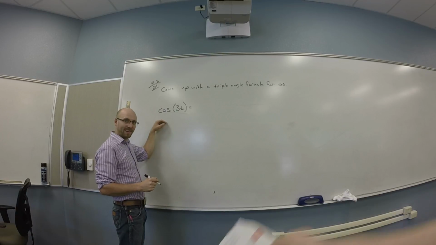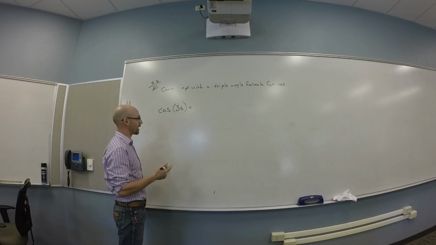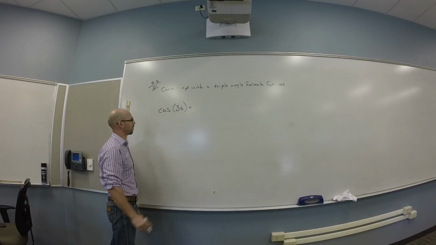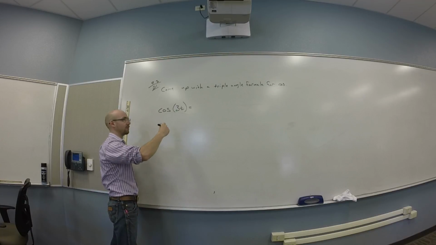So to get de Moivre's, what do I want to look at? I want to look for cosine of 3t in there someplace, right?